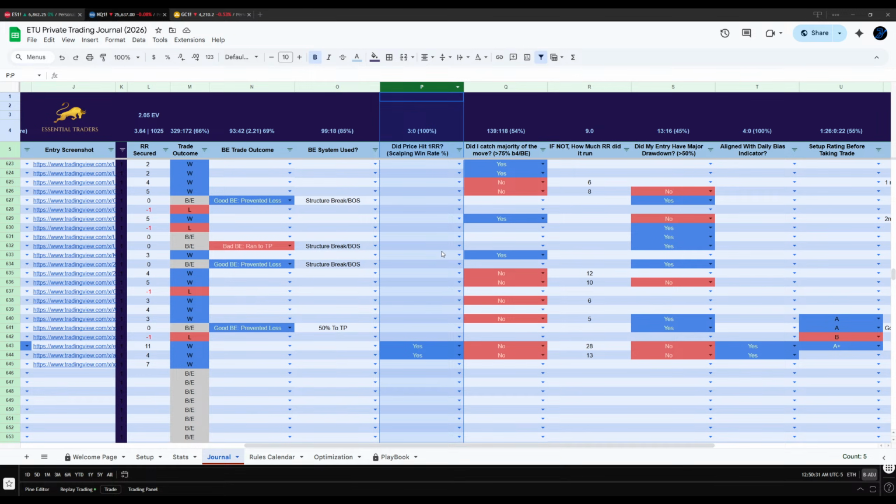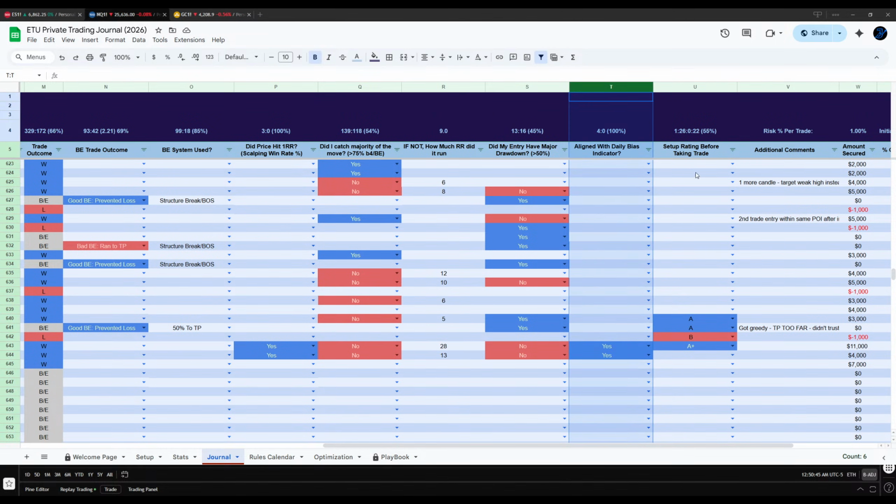You also definitely want to track this in case you ever want to go scalping mode. This is not too necessary. I think this is important though in the beginning stages to make sure your entries are precise enough. This is important. This is important. So yeah, I'd say these two columns you can get rid of.